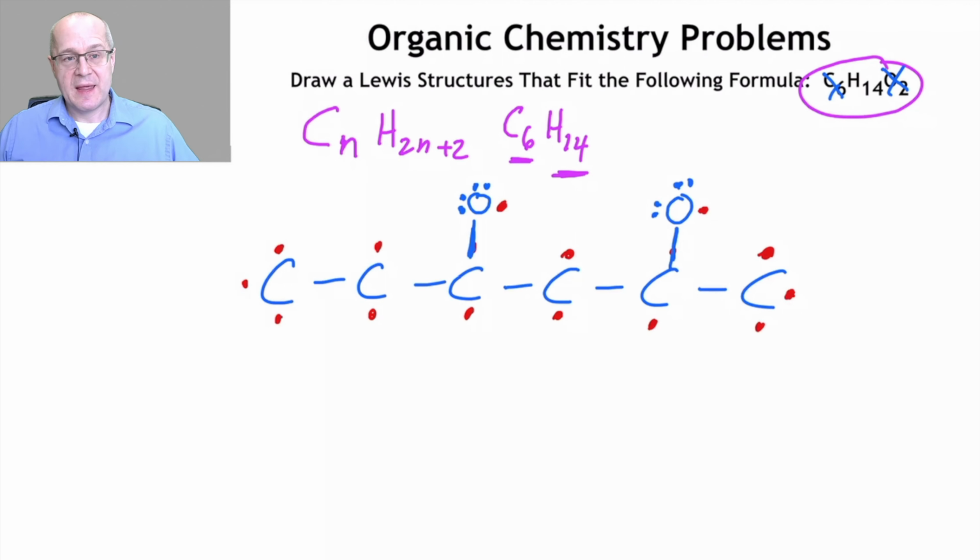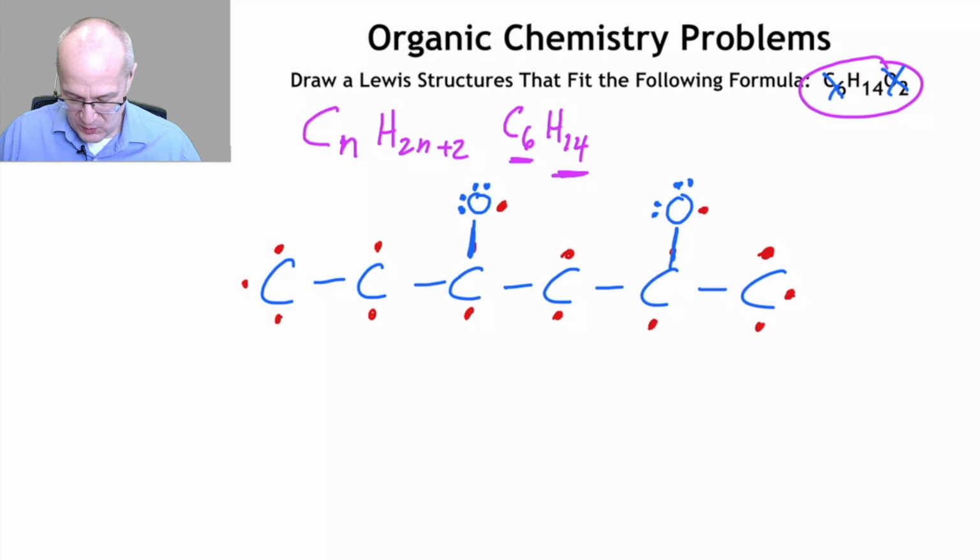So hopefully when I count the red dots, I only have 14. Hopefully I don't have 15 or 13 because then I'll be in trouble. 1, 2, 3, 4, 5, 6, 7, 8, 9, 10, 11, 12, 13, 14 red dots. 14 bonds I need to make. And look at that. 14 hydrogens to fill those in.